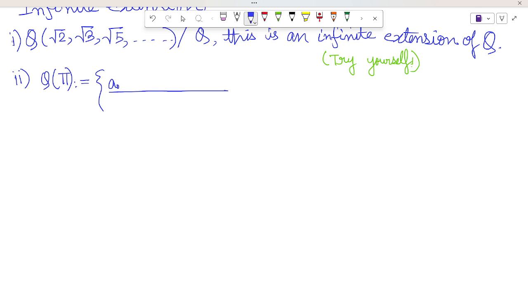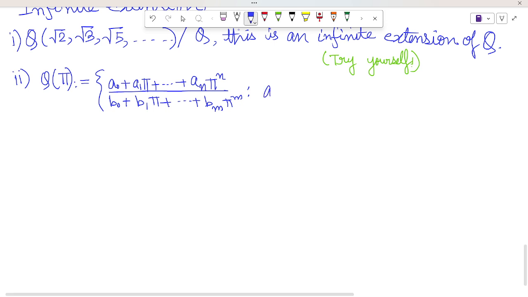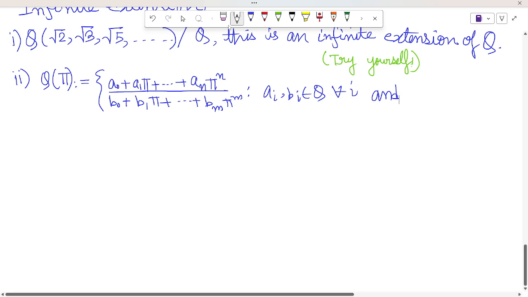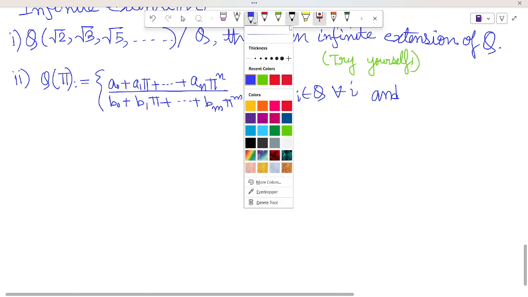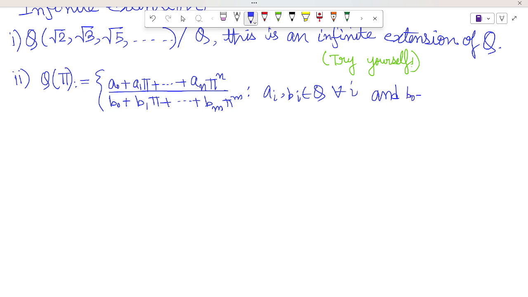Polynomials in pi, that is a0 plus a1 pi plus dot dot dot plus an pi to the n, over b0 plus b1 pi plus dot dot dot plus bm pi to the m, where ai, bi belong to Q for all i, and the denominator is non-zero.